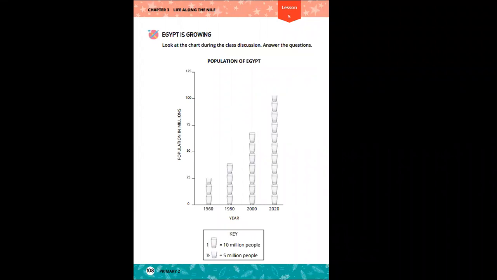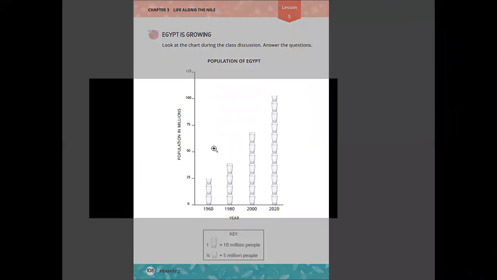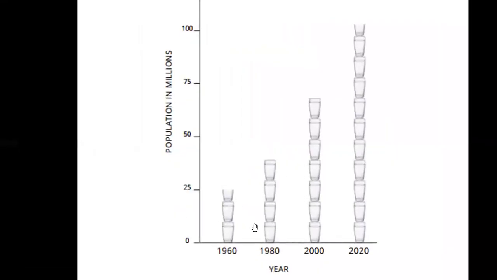Let's find out by looking at data in page 108 titled Egypt is Growing. Look at the chart. This horizontal line represents the years, and this vertical line represents the population or number of people in millions.